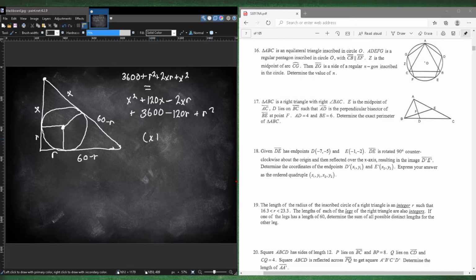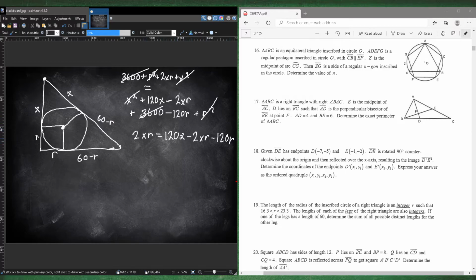This was just (x plus 60 minus r) squared expanded out. Now let's take out things that are similar: x squared, r squared, the 3,600. So we have 2xr is equal to 120x minus 2xr minus 120r.